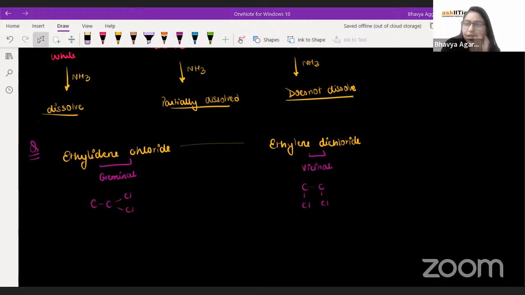Zinc dust. Okay, how will that help? Zinc dust will just bring back the complete reagent, right? Does it work here? No. Zinc is a metal, so it gets oxidized in the case of phenol.